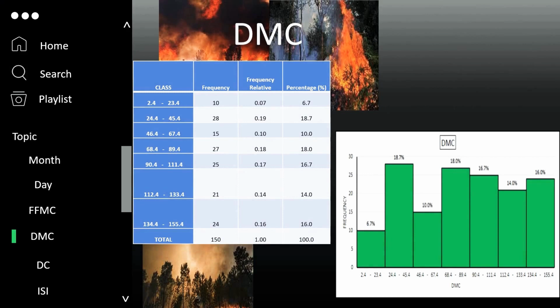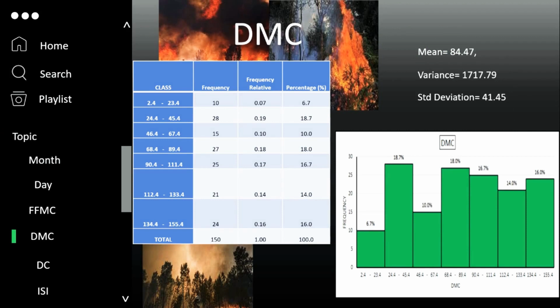Following on to the Duff Moisture Code, DMC, index. The bar chart above shows the DMC index of the forest fires data. Based on this chart, the highest DMC is in the range of 24.4 to 45.4 with a frequency of 28, which represents 18.7%.